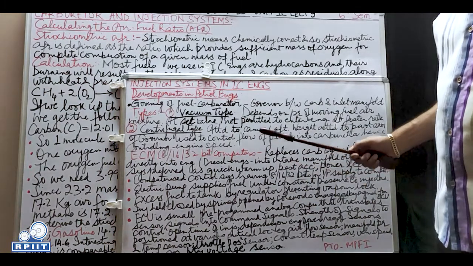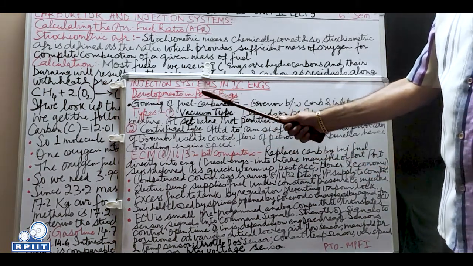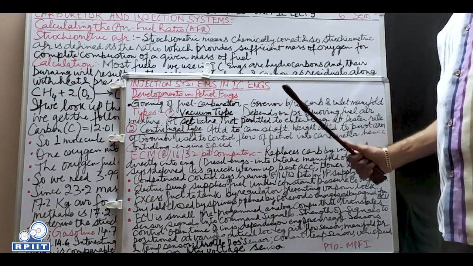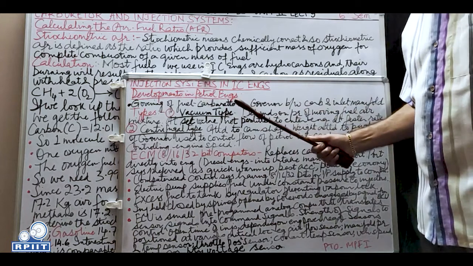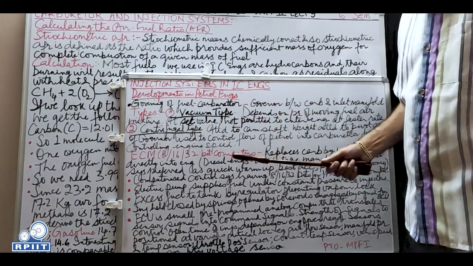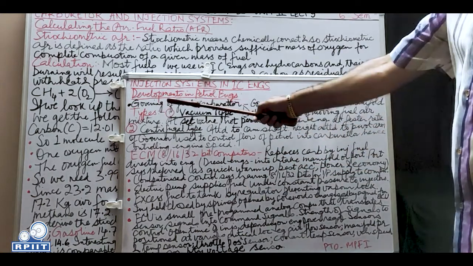The next topic as per your syllabus, Unit 2, is injection systems in internal combustion engines. Let us first see developments in the petrol engine, and in the next lecture we will see the diesel engines. This is short because time is less.